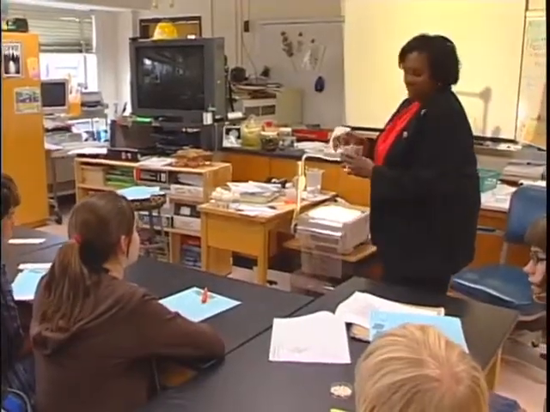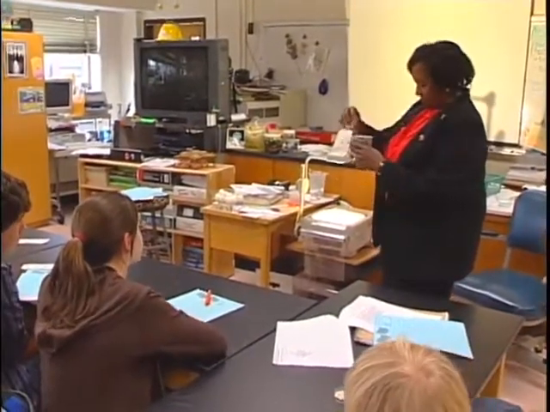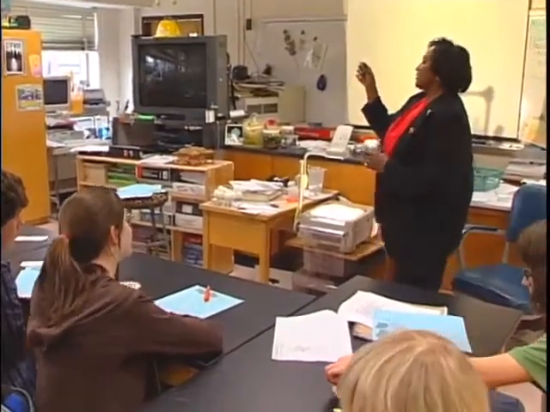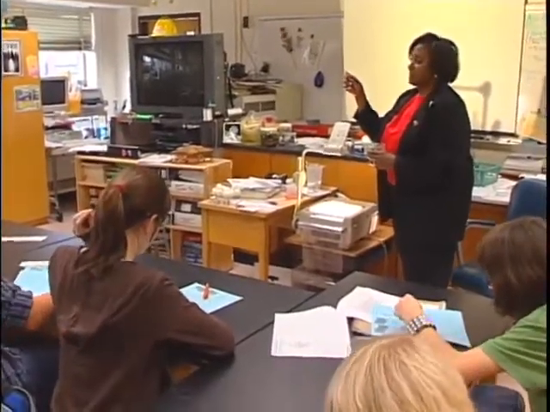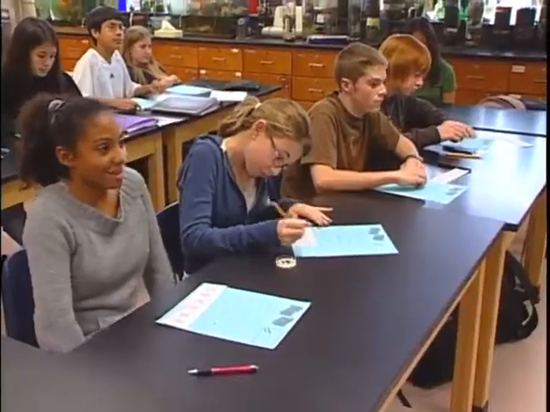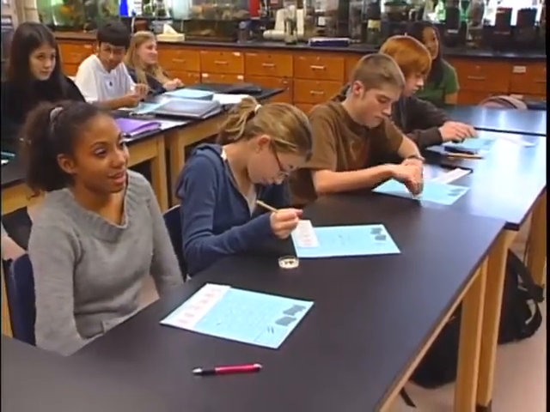Okay, first definition is a substance that dissolves another to form a solution. Water is a good example. And in the game, I read the definition, and then I place the definition on the overhead so they can see it, so they hear it and they see the definition.